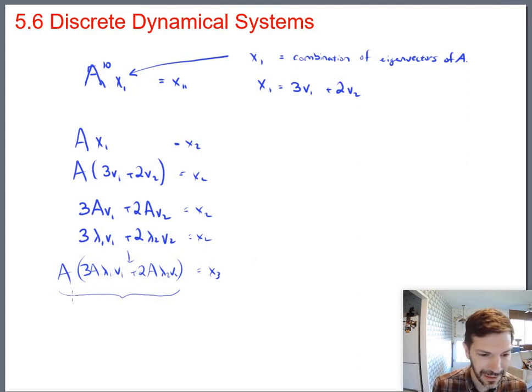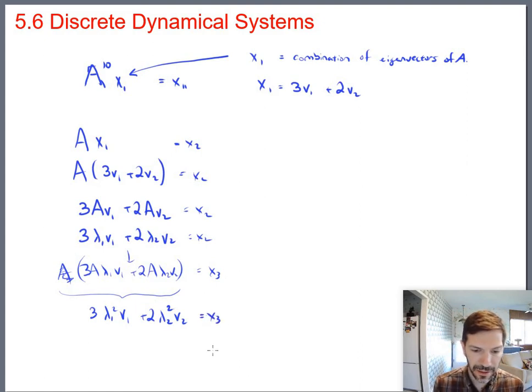So this is the same thing as multiplying by the eigenvalue twice and multiplying by the other eigenvalue twice. Oops, twice. Equals x3.